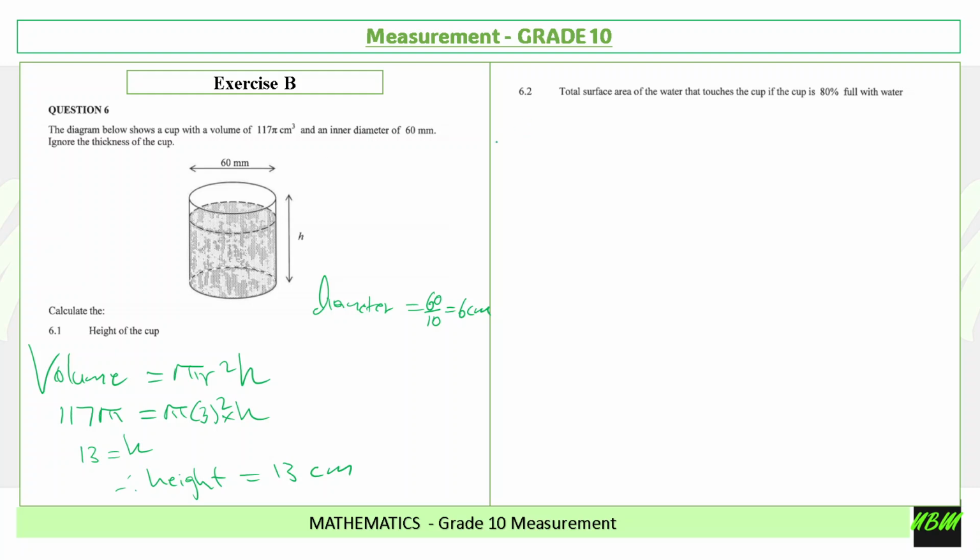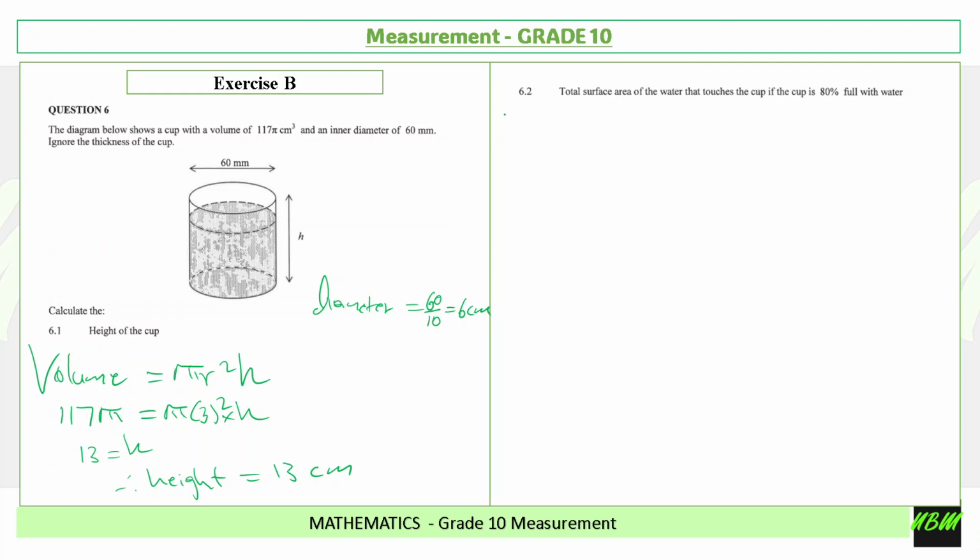Now question 6.2, we have to calculate the total surface area of the water that touches the cup if the cup is 80% full with water.